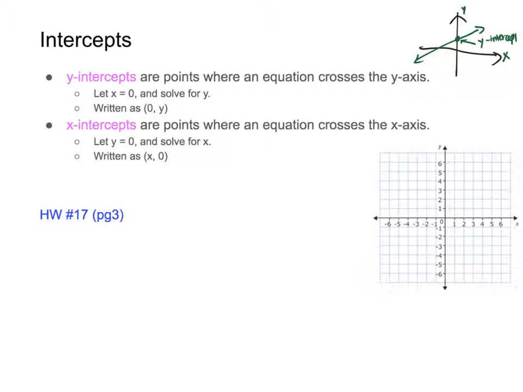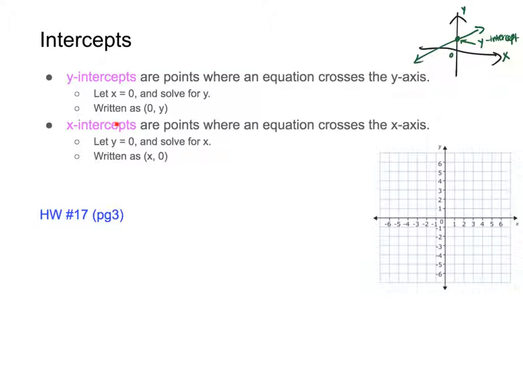And the thing is, when it hits the y-axis, the x value for any point on the y-axis is going to be 0, right? Because if you're on the y-axis here, your x value is 0. And so that's the thing. If we ever want to find a y-intercept, we let x equal 0 and then solve for the y value.